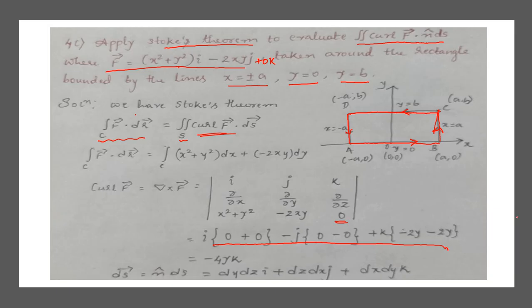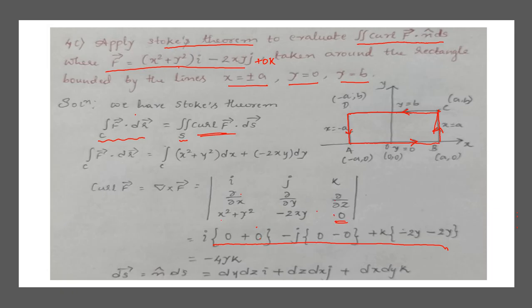You should know partial derivatives properly. The partial derivative del by del y of 0 is 0, since anything multiplied by 0 is 0. Then minus del by del z; there is no term in z, therefore it is 0. Similarly, leaving the second column and first row, I got this, therefore it is 0.